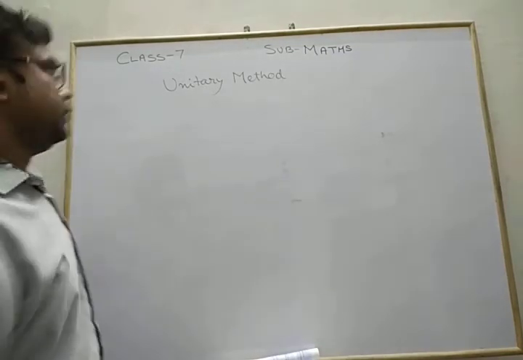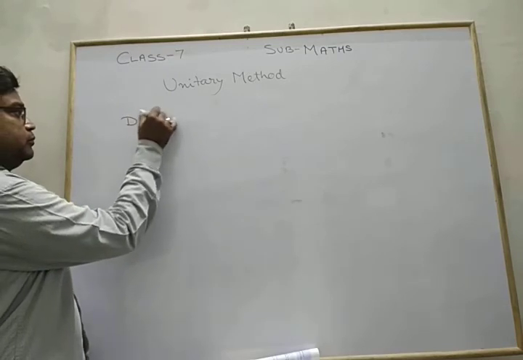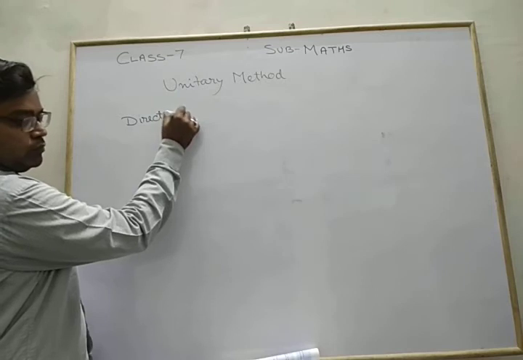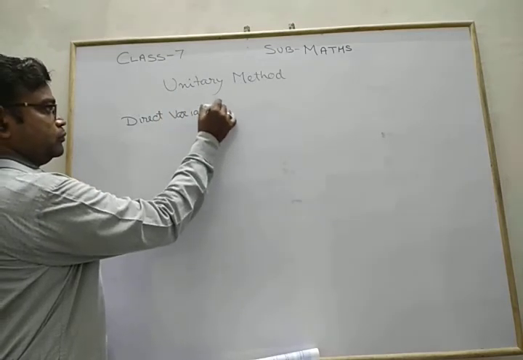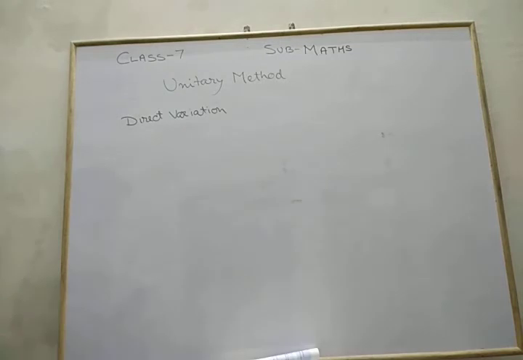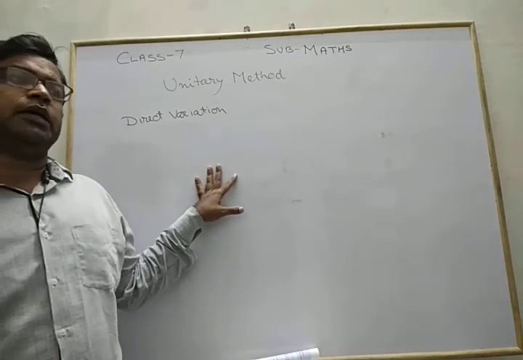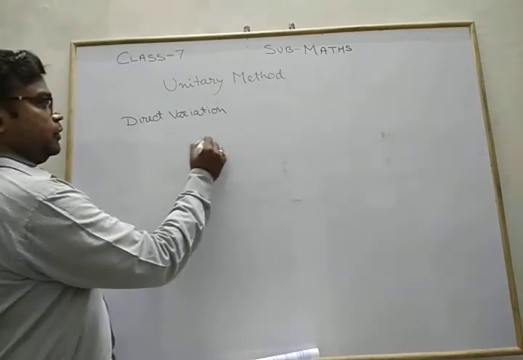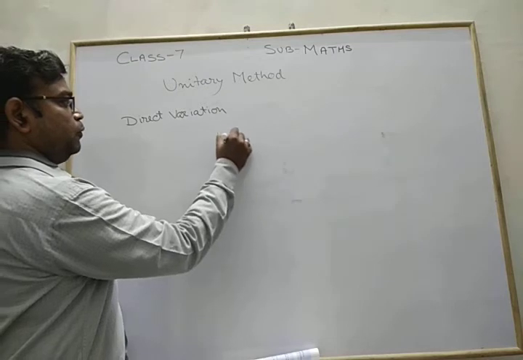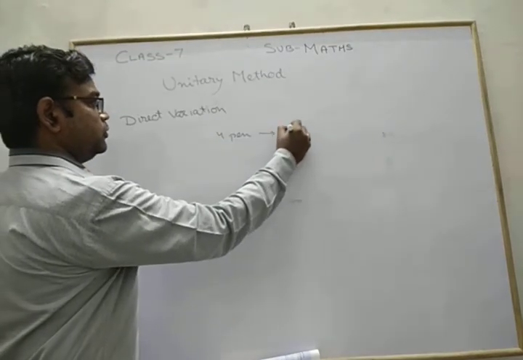In case of direct variation, suppose the price of 4 pens is 12 rupees.